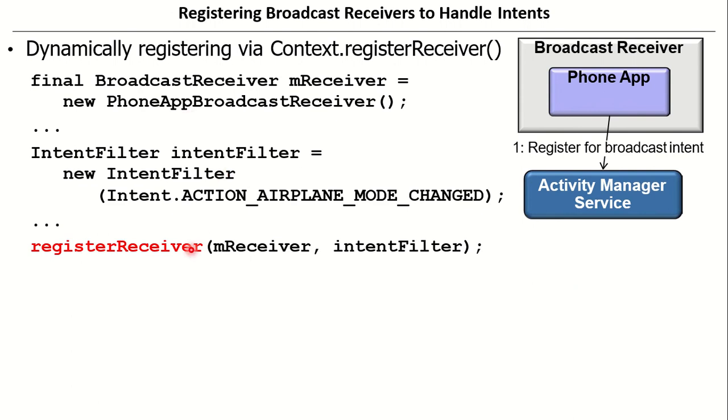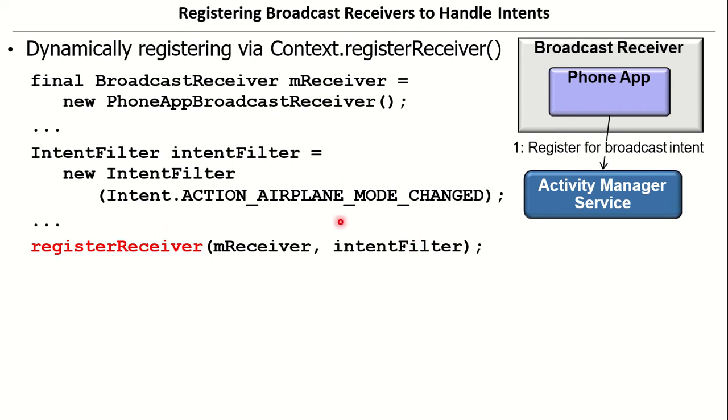Now how will you register in the case of dynamic registering? You need to create an object of broadcast receiver, and then let's say you created an intent filter for action airplane mode changed. Then you call register receiver with the broadcast receiver object and the intent filter.